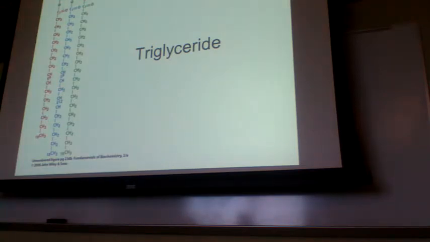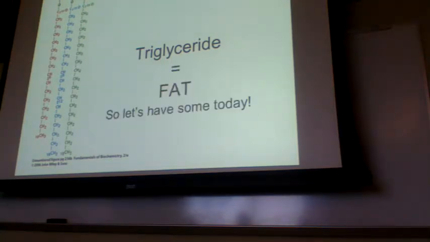The first one happens to be palmitoleic acid, the second linoleic acid, and the last stearic acid. Triglycerides is what people most commonly refer to as fat. That's fat with a capital F. Lots of things fall into the lipid category, but when people talk about fats, they're usually talking about triglycerides.